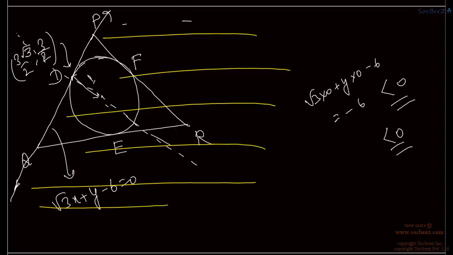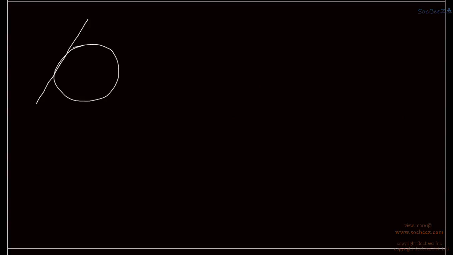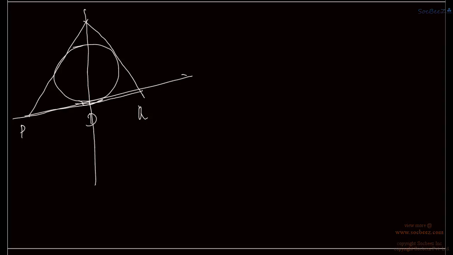Say we have this circle and we have an equilateral triangle in which this circle is described, and say this is point D. We are now going to find the equation of this line, and this is PQ. The equation is known, that is root 3x plus y minus 6 is equal to 0.